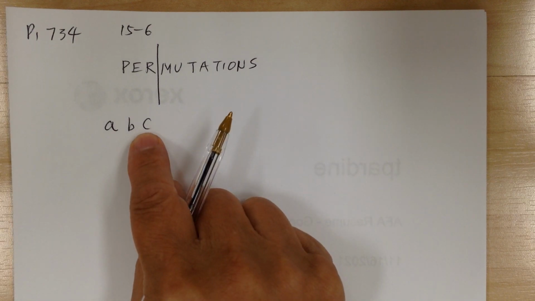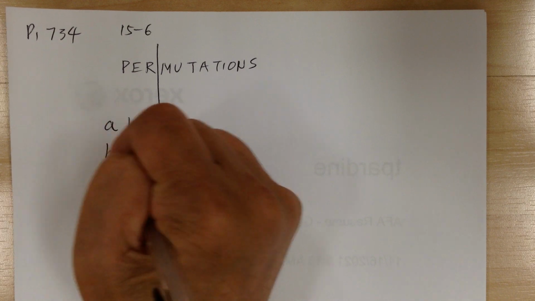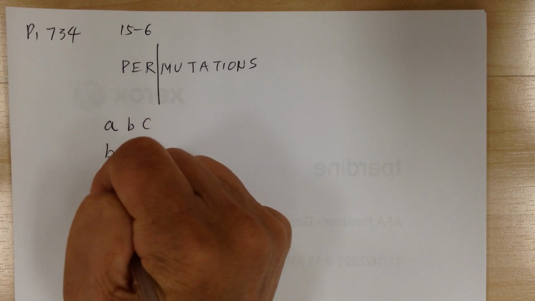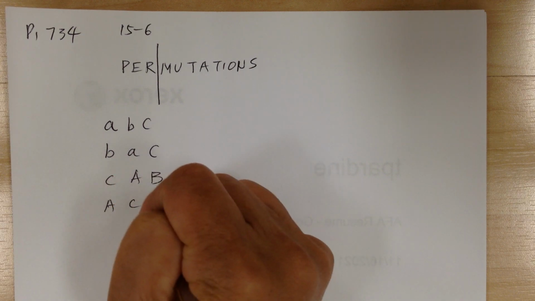So if you have A, B, C, you can switch things around. You can make it into BAC. You can make it into CAB. You can have an ACB.